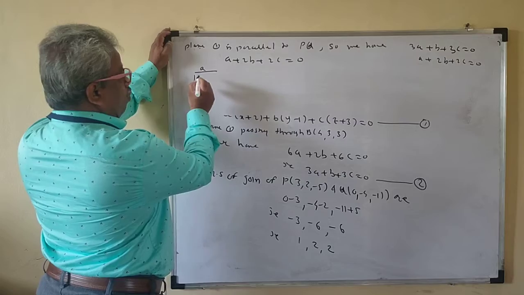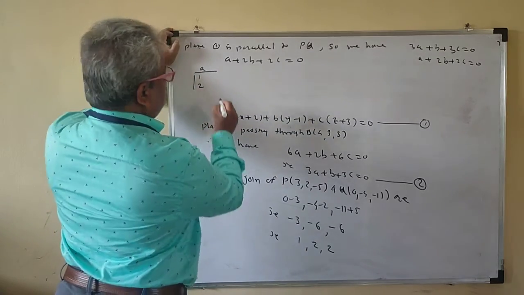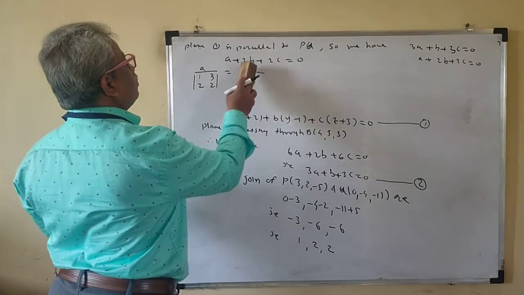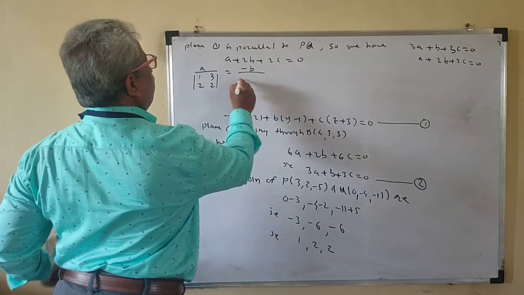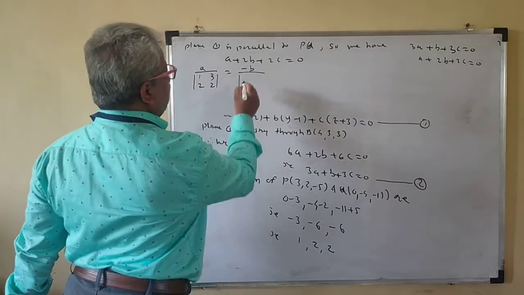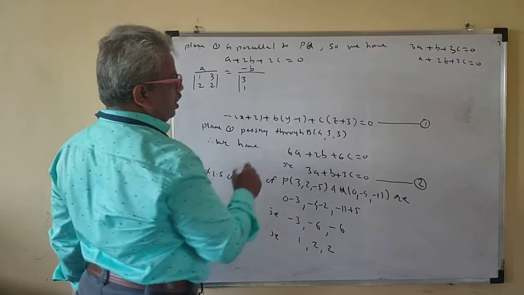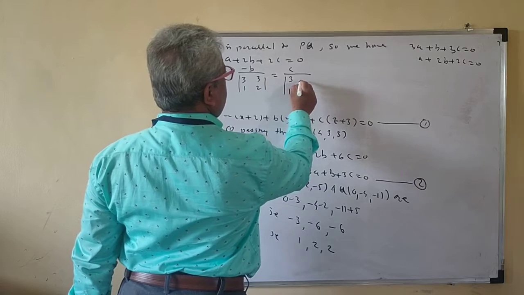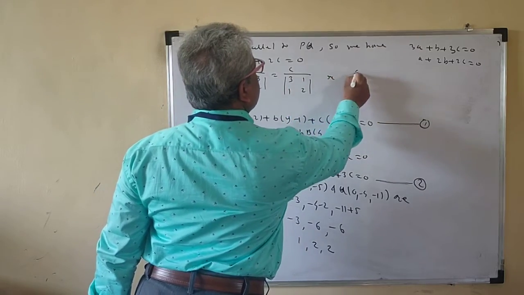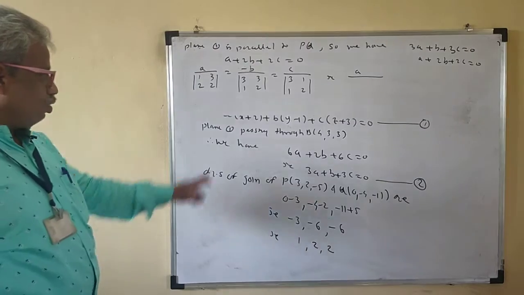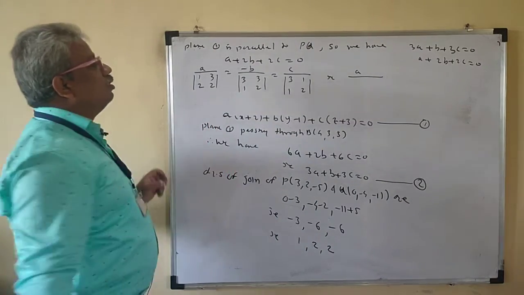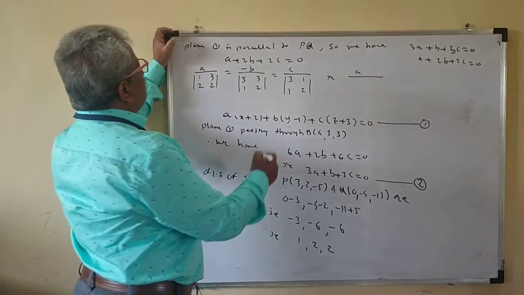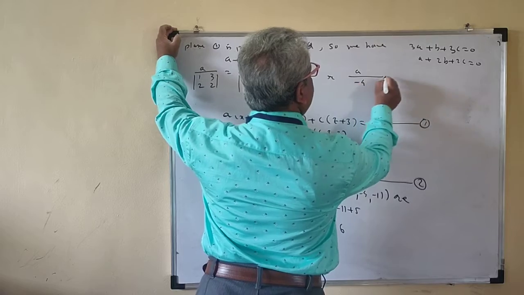So a upon (1 2 / 2 2), minus b upon (coefficients of a: 3 1, coefficients of c: 3 2), and c upon (3 1 / 1 2). So a upon 2 minus 6, 2 minus 6 is minus 4.